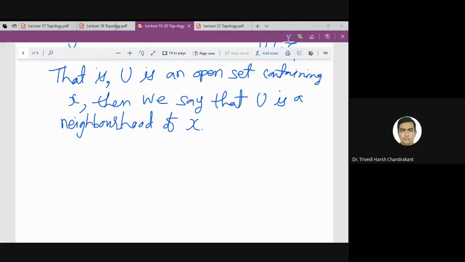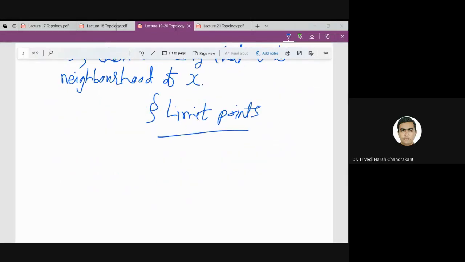Once we have neighborhoods, we can discuss limit points. If you recall the definition of limit point from real analysis, x is a limit point of A if every neighborhood intersects the set in a point other than the point itself.